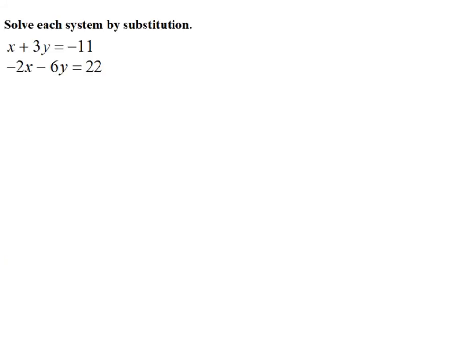In our first example, our two equations are x plus 3y equals negative 11 and negative 2x minus 6y equals 22. Again, in order to solve the system, we have to choose a variable to get by itself. In this case, the x is the smallest variable, so we're going to solve to get that variable by itself.